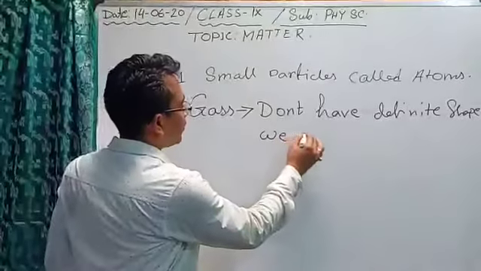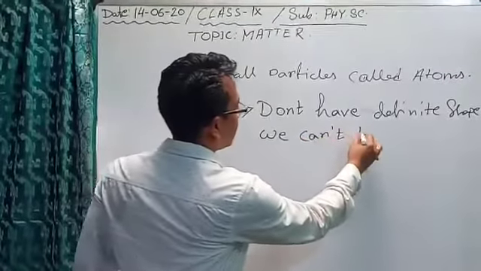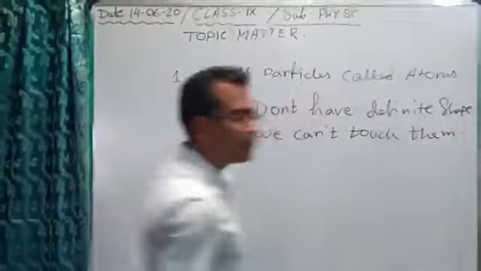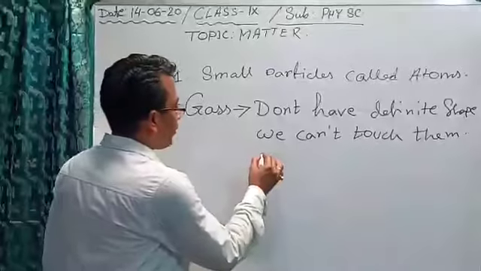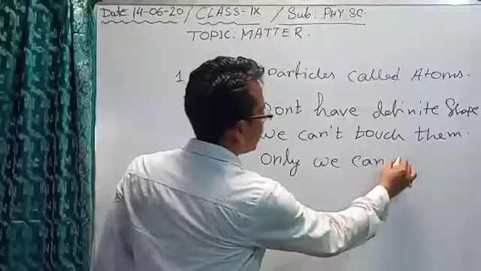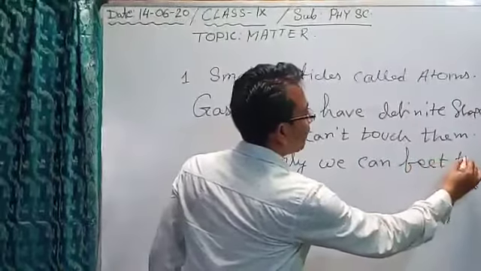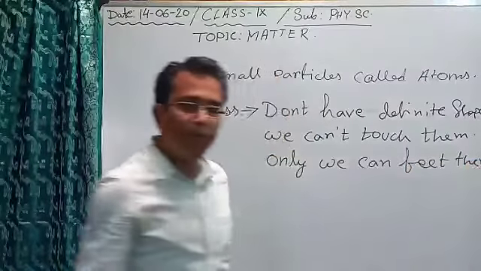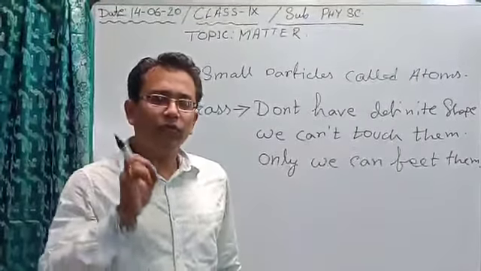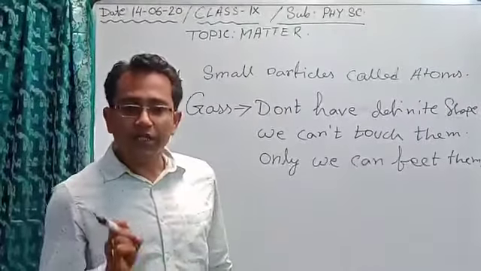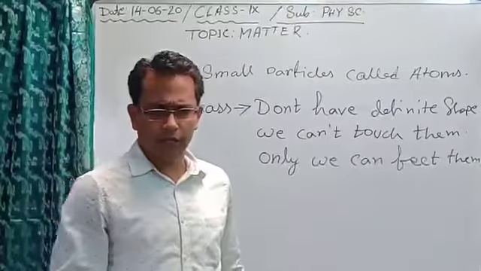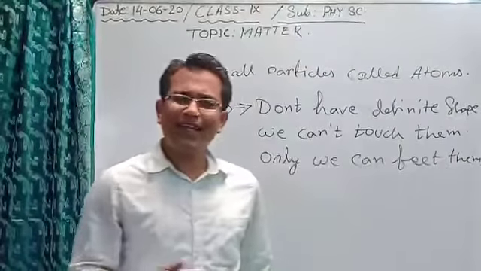We can't touch them, we can only feel them because the atoms in the gases are very loosely packed up. There are different gases. Our air is composed of different kinds of gases. Maximum is nitrogen and oxygen.